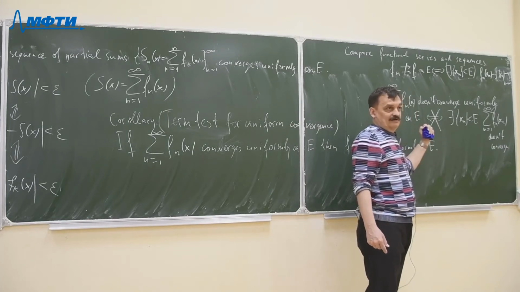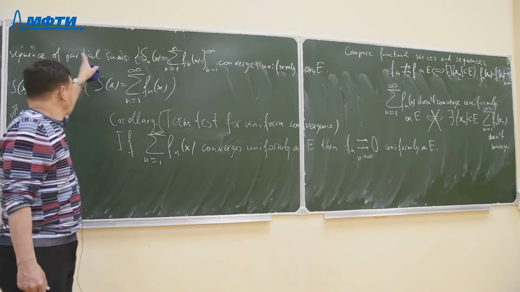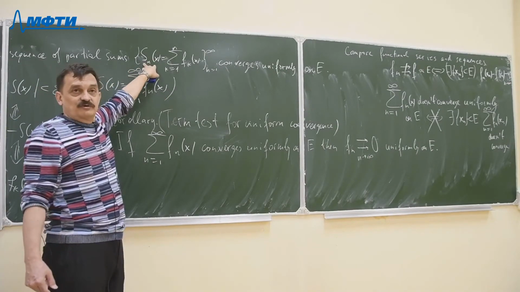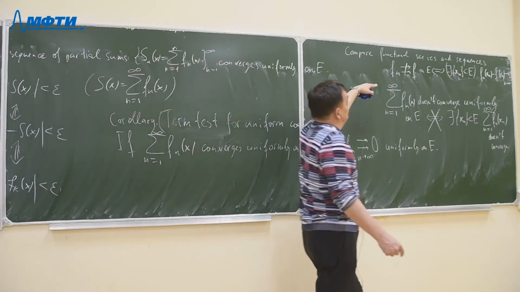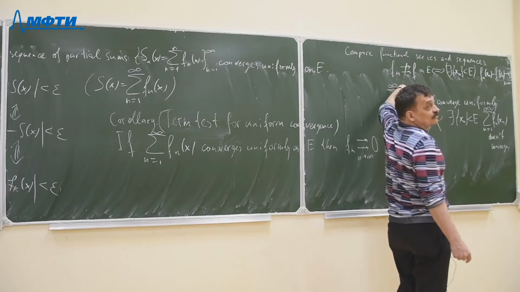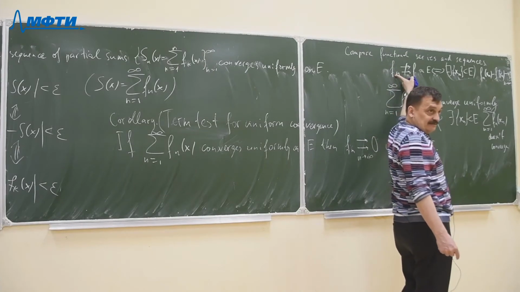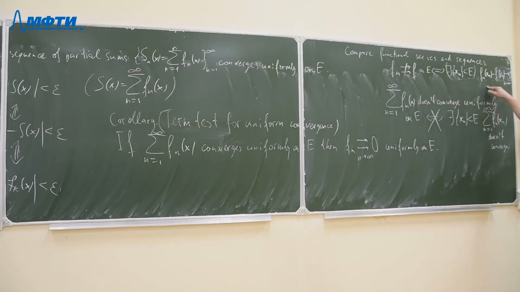Why? Because, look, what is uniform convergence of a series? Uniform convergence of a series is equivalent by definition to uniform convergence of partial sums, right? So if we want to prove that the series doesn't converge uniformly, we have to look at the sequence of partial sums, S_n. And it means if we want to use this criterion, we should take the same x_n for one partial sum.